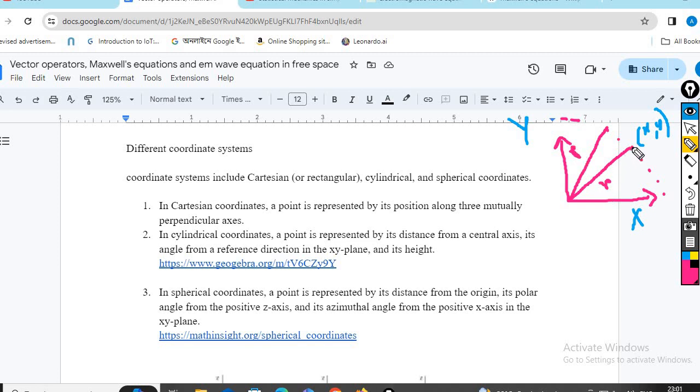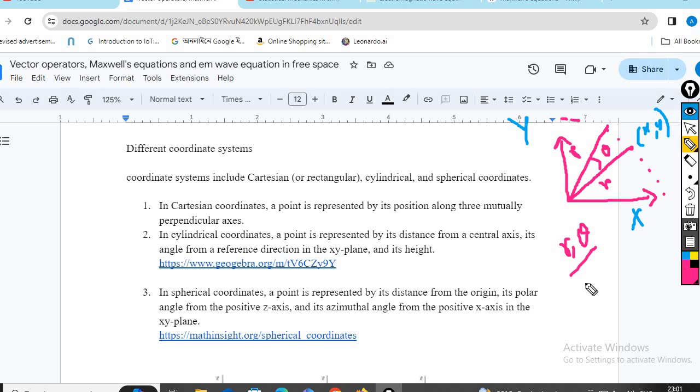Now from this point, after some time it moves to this point, and we can get the angle theta. Any point on this path can be represented by r and theta. So r, theta is the representation of the polar coordinate system. In 2 dimensions, the polar coordinate system is represented by r and theta.